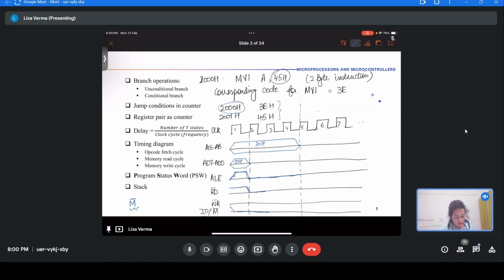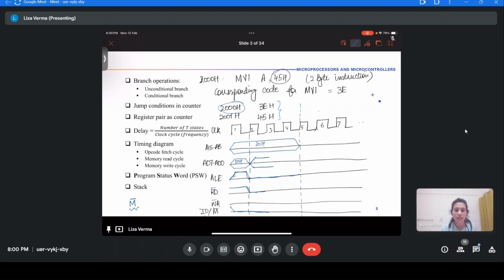Until T2, since ALE is low and the read bar signal has gone low, AD7 to AD0 will now read the data. Data here is what?